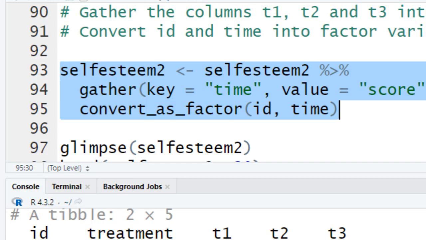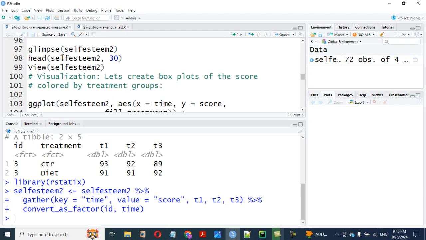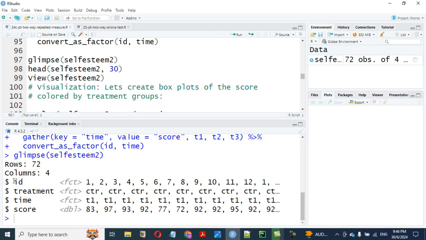As we have done before, the same thing we did here. Now we just glimpse and see what we have done so far. We now have ID, treatment, time, and score. Can you understand now? It's very simple now, very straightforward, very, very simple. So it shouldn't be confusing now.